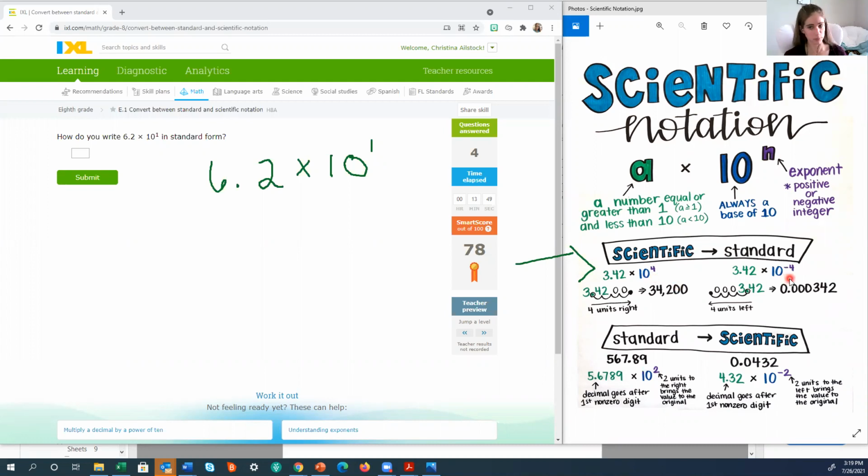If it were a negative number, that means it needs to be a small number, and we'd go to the left. But it's a positive 1, therefore I'm going to move it 1 unit to the right to make it a larger number, and 1 unit to the right gives us 62. And there's our answer in standard form.